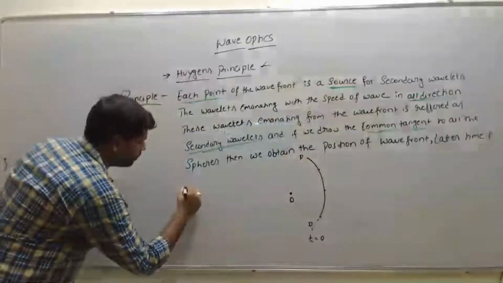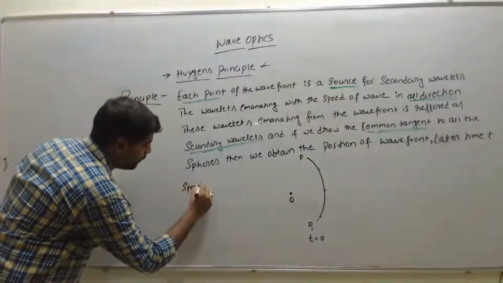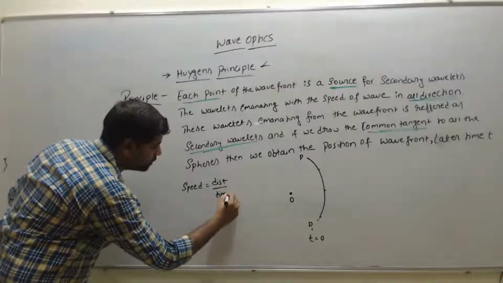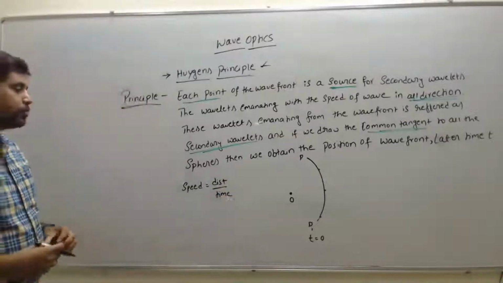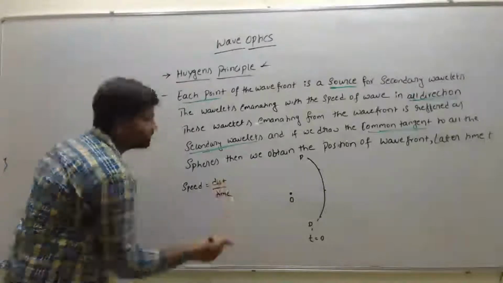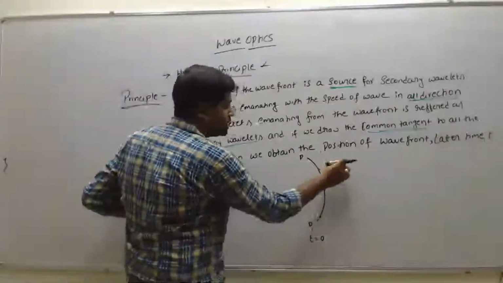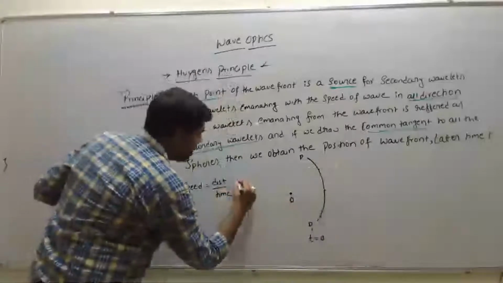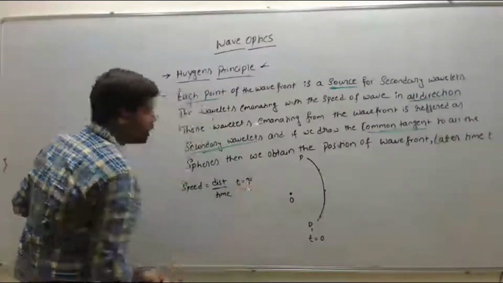That is, we know speed is equal to distance divided by time, right? So speed is v. We want to find how much distance it travels in the time t, that is tau.